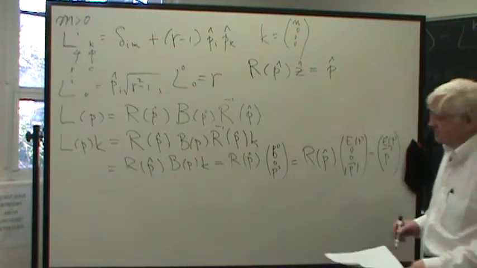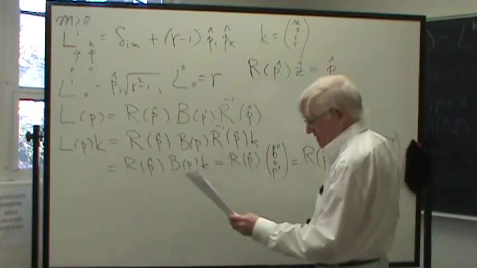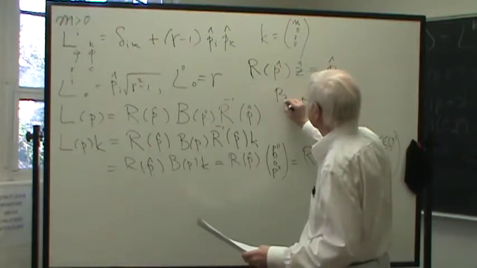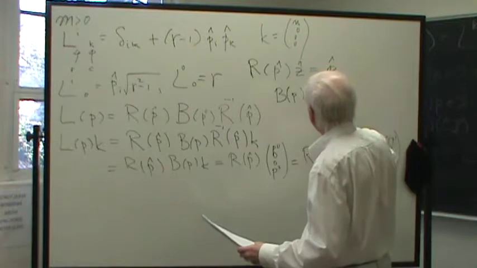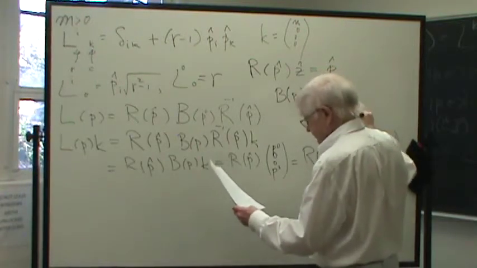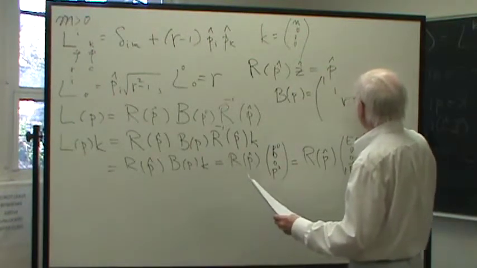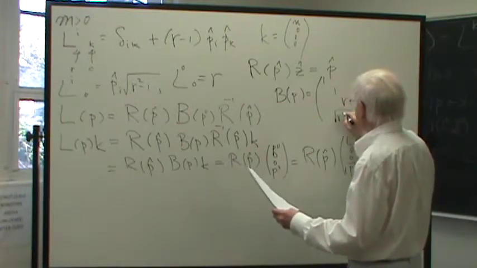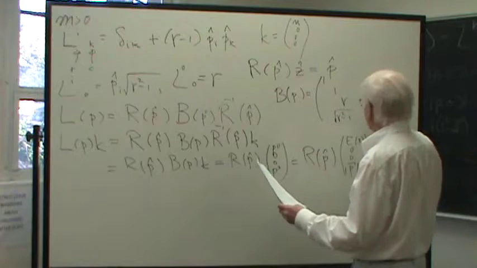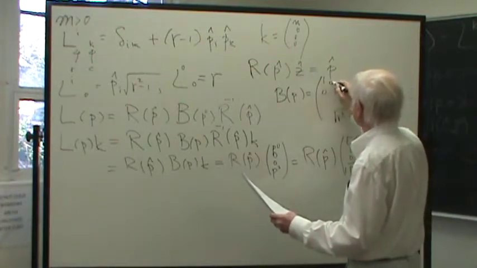Okay, this boost vector, by the way, this B of P, if you want to see what it is, it's gamma, root gamma squared minus 1, root gamma squared minus 1, gamma, 0, 0.